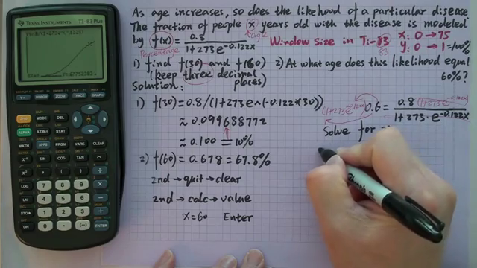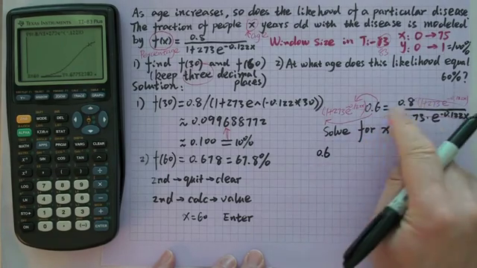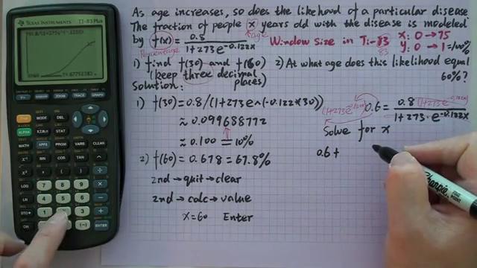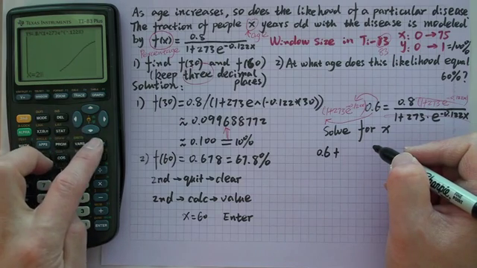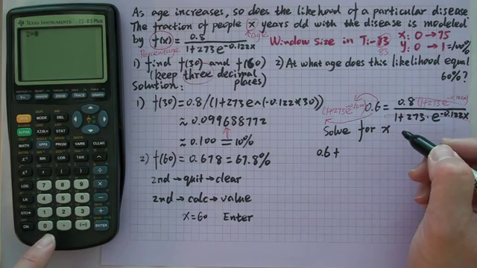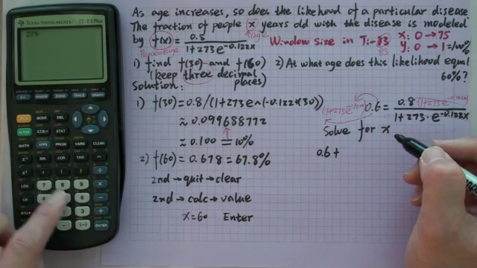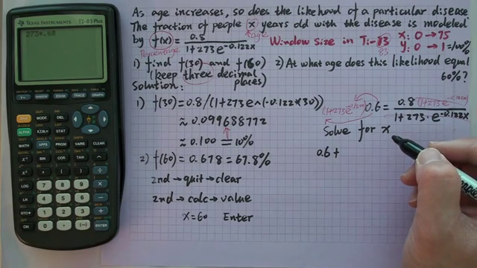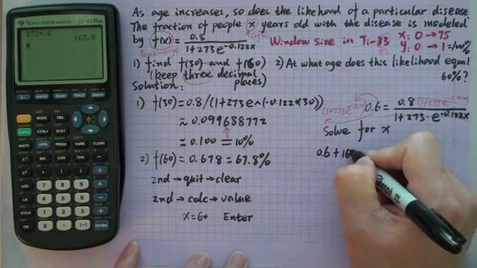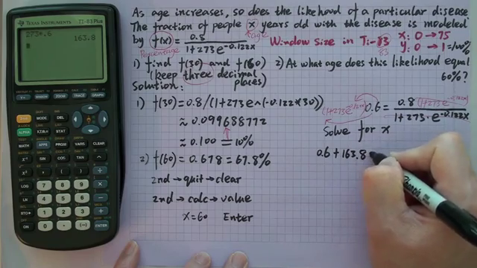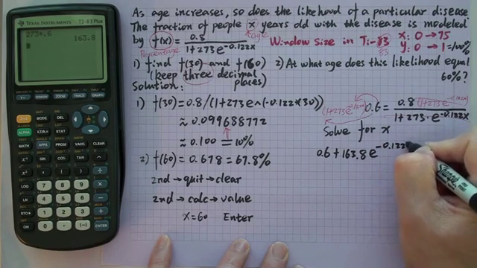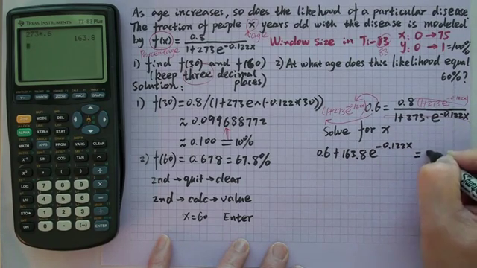Then you have 0.6 times 1 is 0.6, and then 273 times 0.6, that's 163.8, and e to the negative 0.122x equals 0.8.